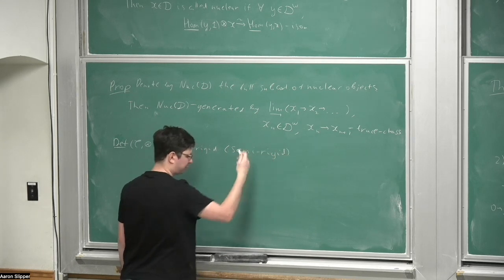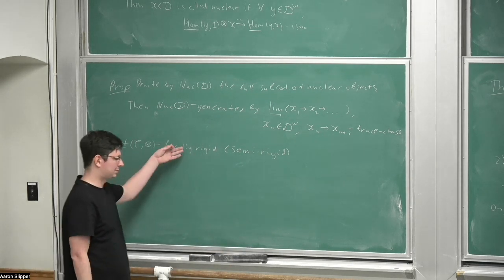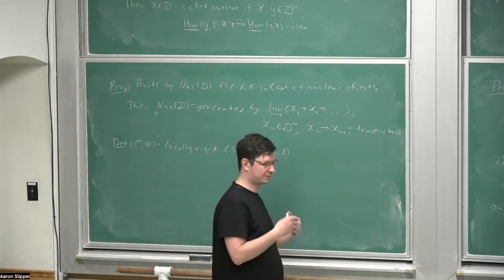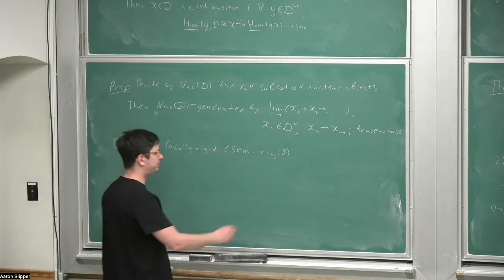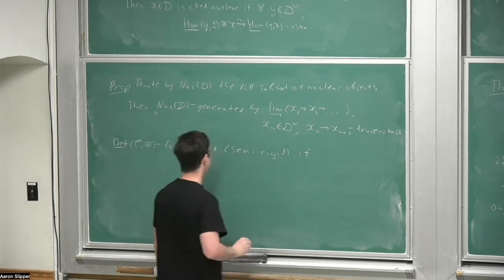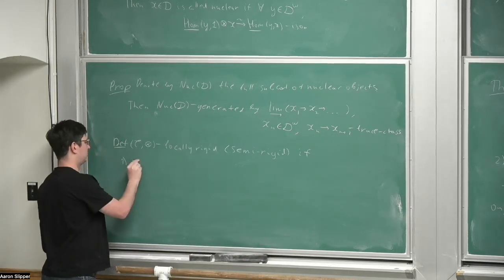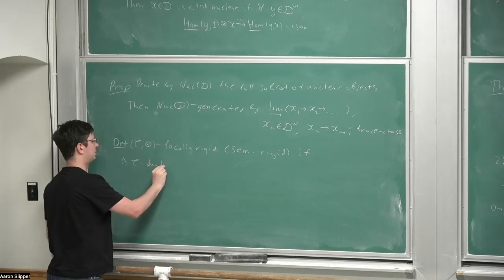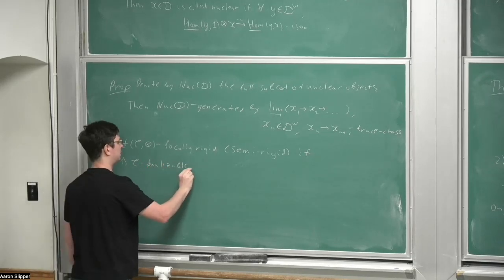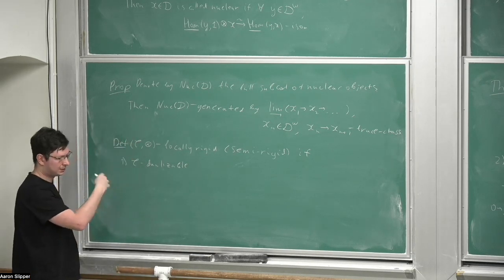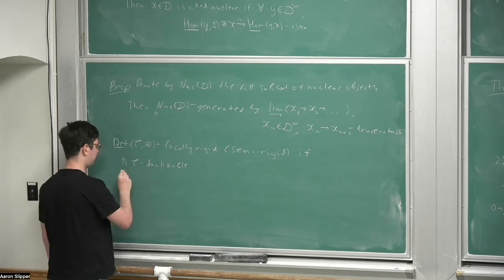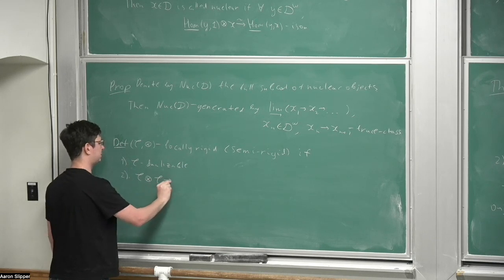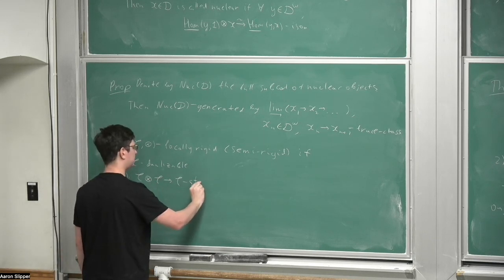I guess both choices are good, but locally rigid is more intuitive. It's conceptually close to locally compact spaces. If, first of all, C is dualizable. Again, I'm giving a definition which is slightly different from the Gaitsgory-Rozenblyum definition.